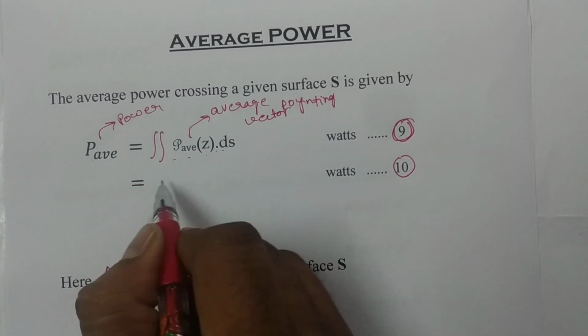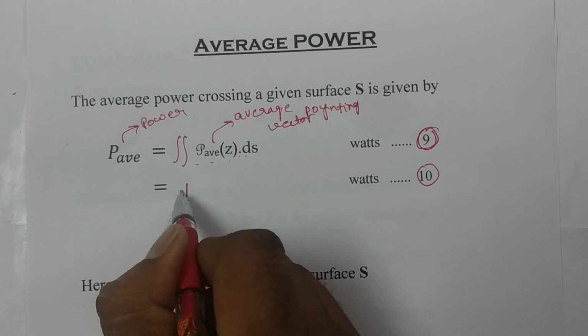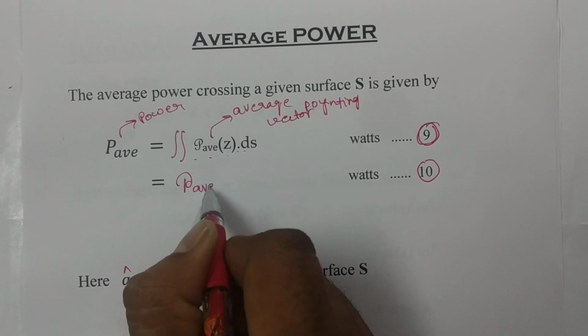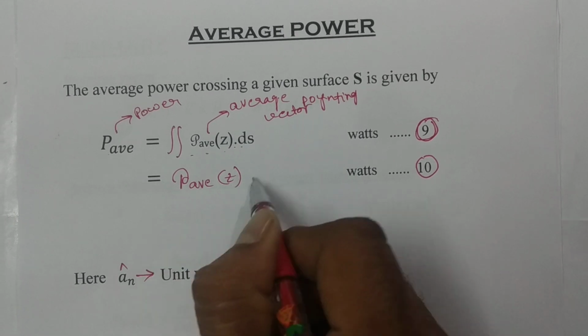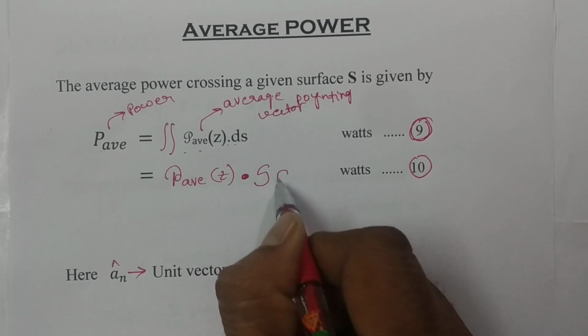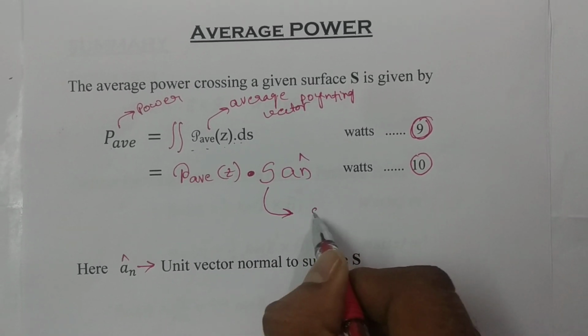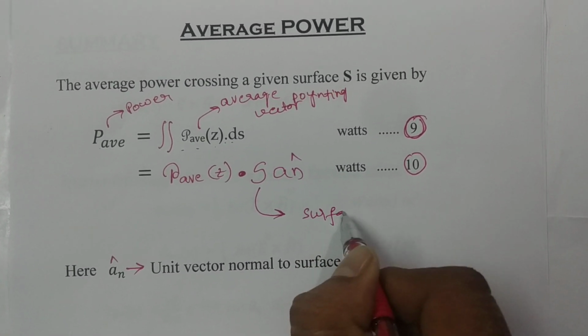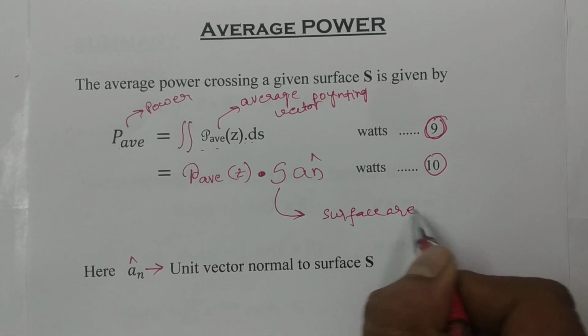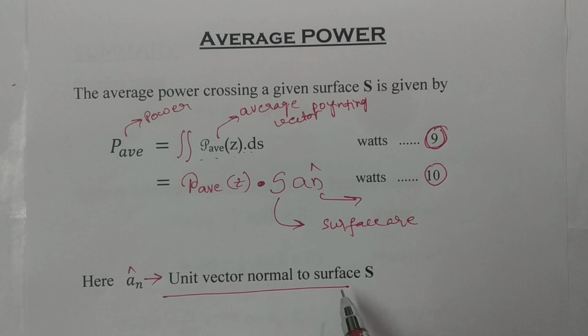Now equation number 9 can be simplified as P average of z dot product surface area S AN cap. Here S is the surface area, AN cap is the unit vector normal to the surface.